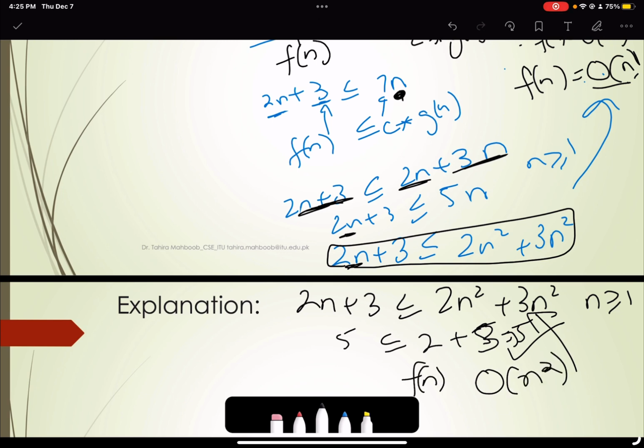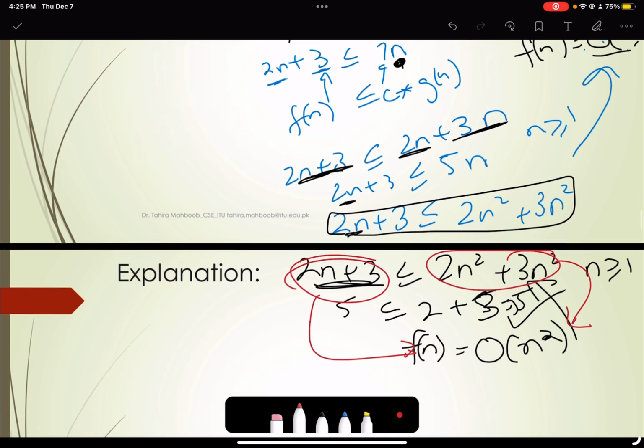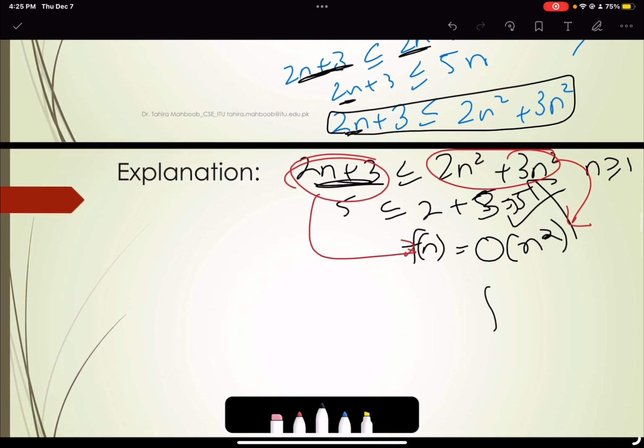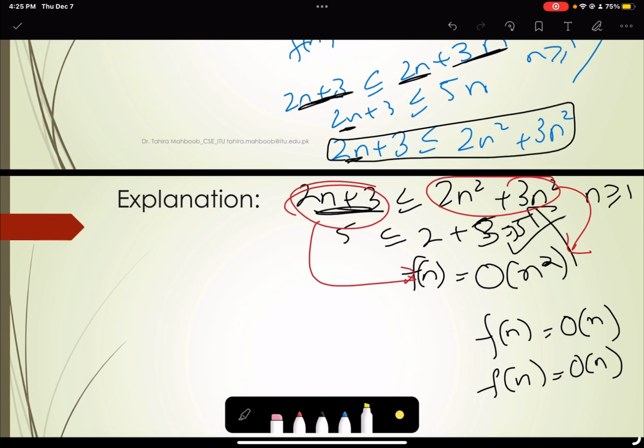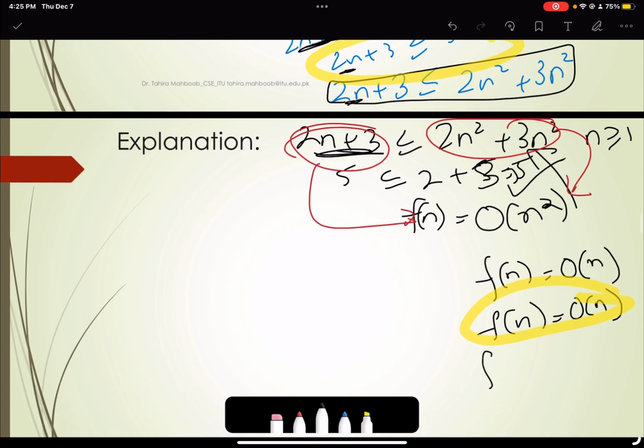So the complexity of this function f of n is O n, and of this function is O n squared. So can we say that f of n is equal to O n? Then this f of n again has a complexity if we take this statement true, and then we have f of n O n squared.